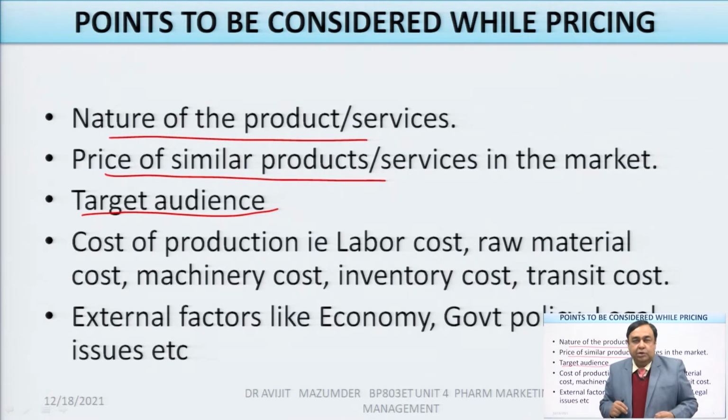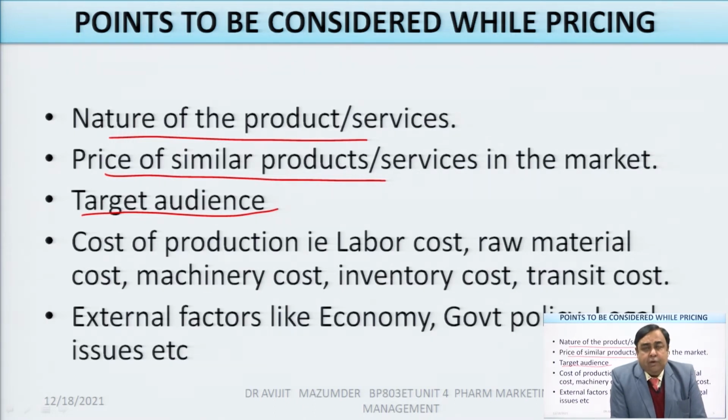The second point is the cost of raw material. How much raw material do you require? What is the cost of the raw material which you get from the suppliers? All these factors have to be taken care of. The third factor is the machinery cost.